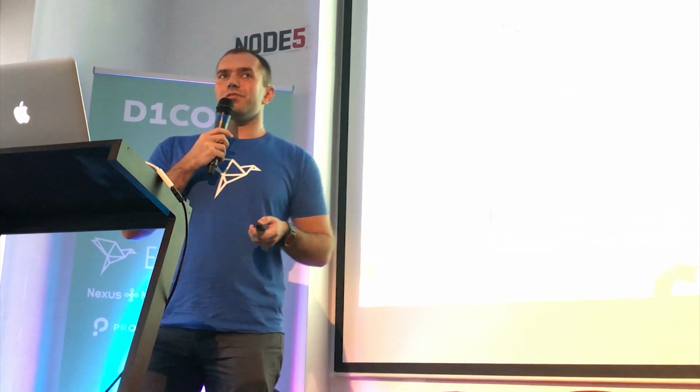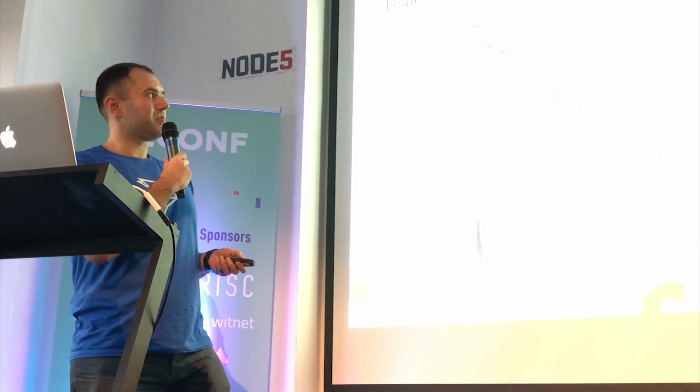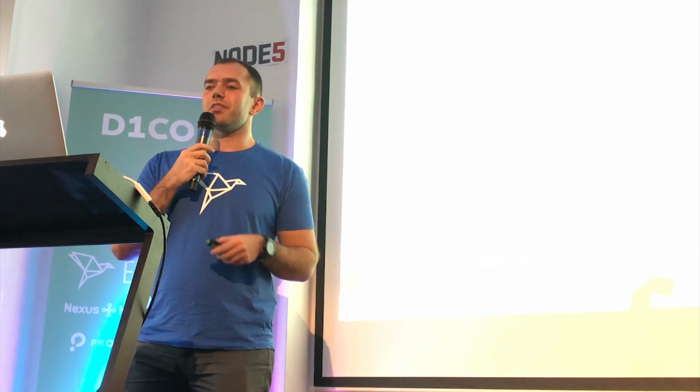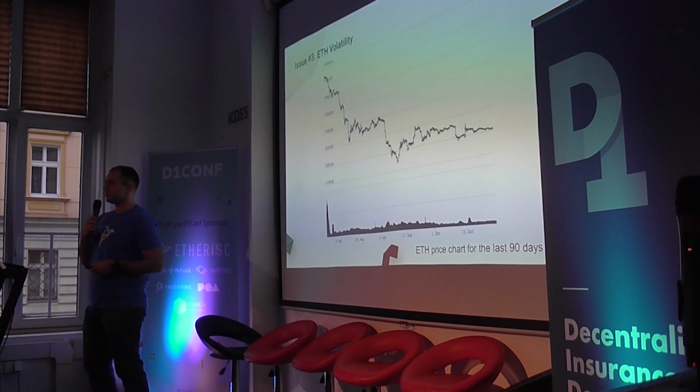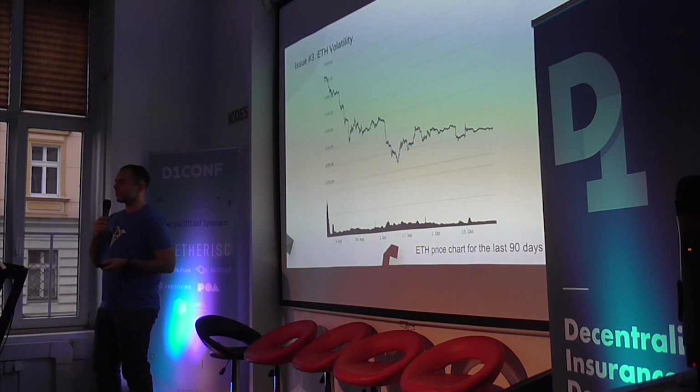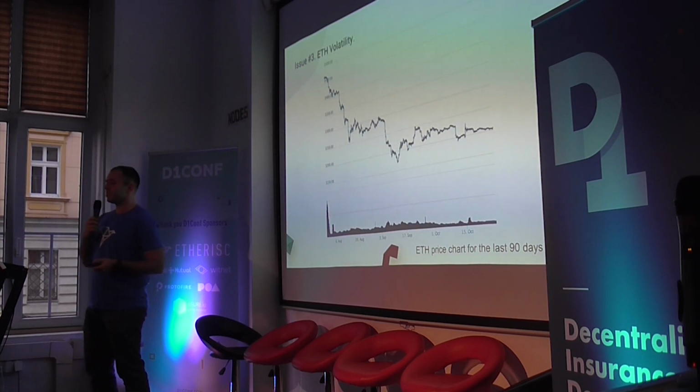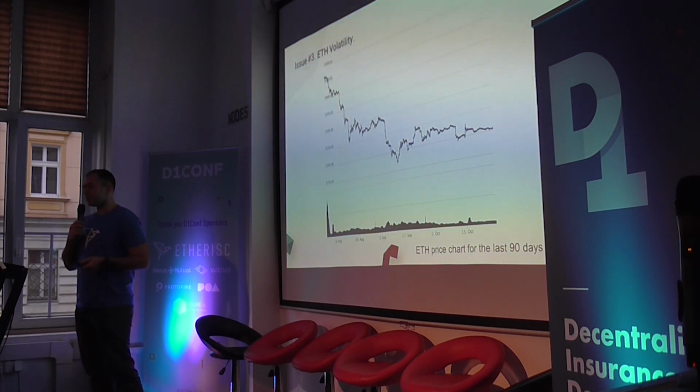So flight delay got to be an insurance application that does the transfer of currencies from fiat to crypto on the user's behalf, buys a policy for him, waits for the payout, and then converts the transferred funds back to fiat for the policy holder.